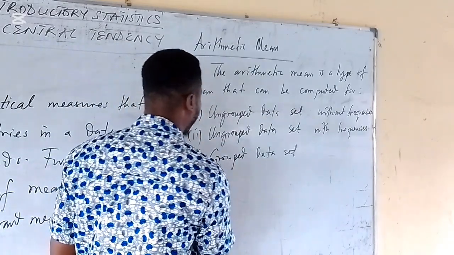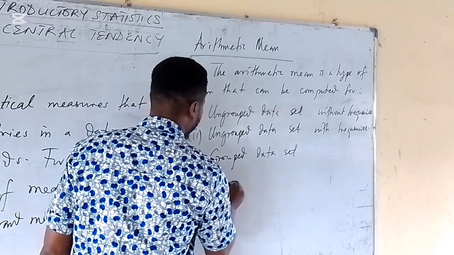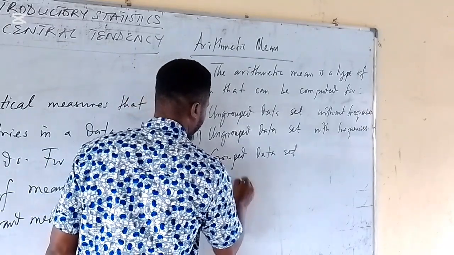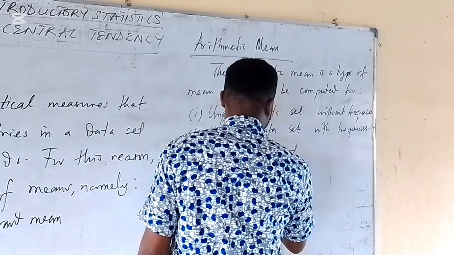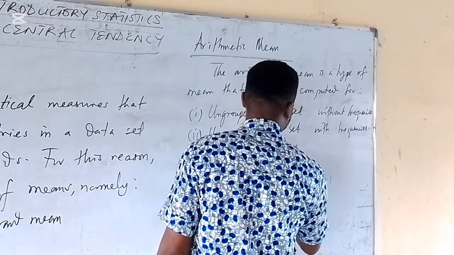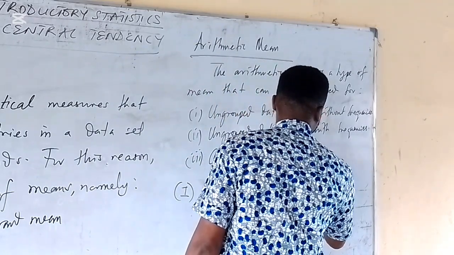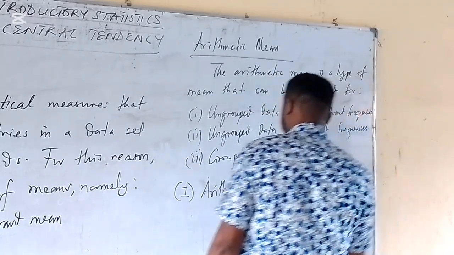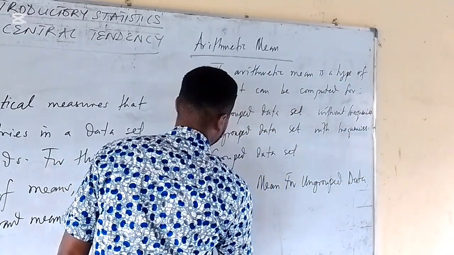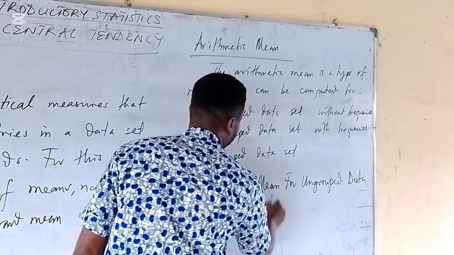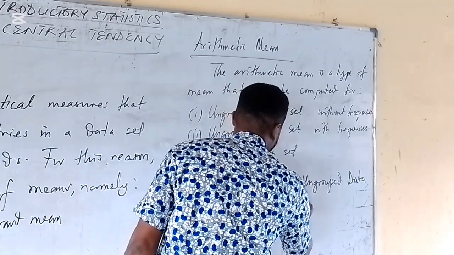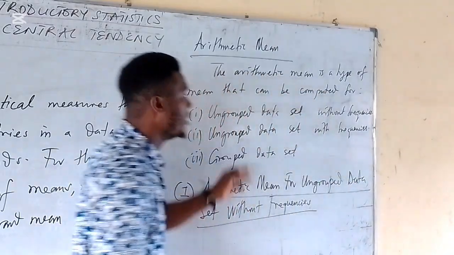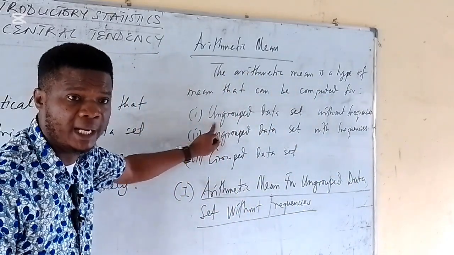So I'm going to say for case I, ungrouped, I'm going to put here arithmetic mean for ungrouped data set without frequencies. So let's start with this first case. Okay, so we are starting with this first case.